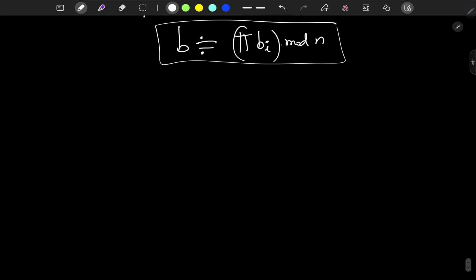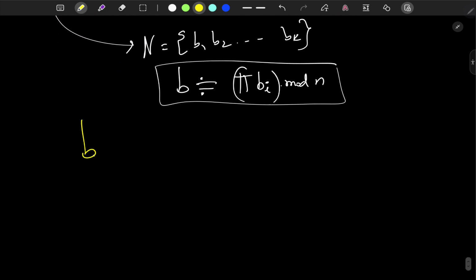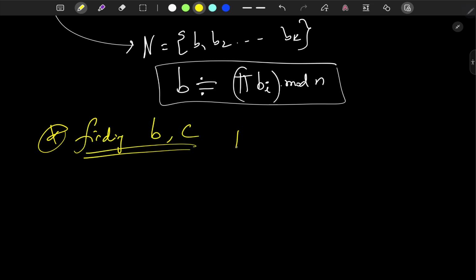After finding all these things, the final step: after finding B and C, now check this value.